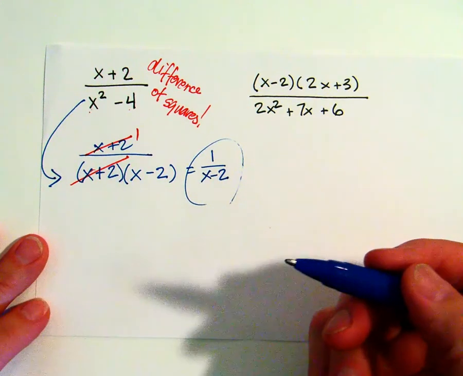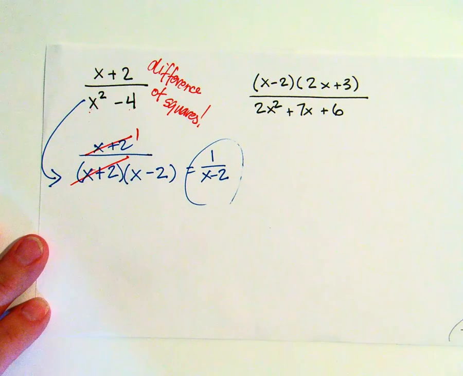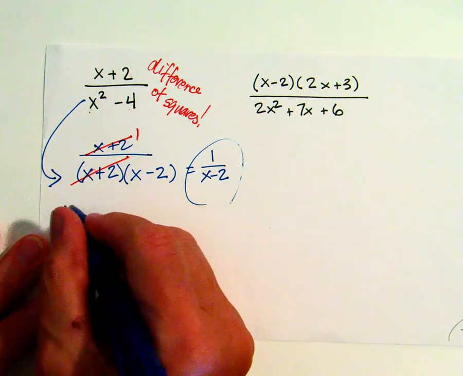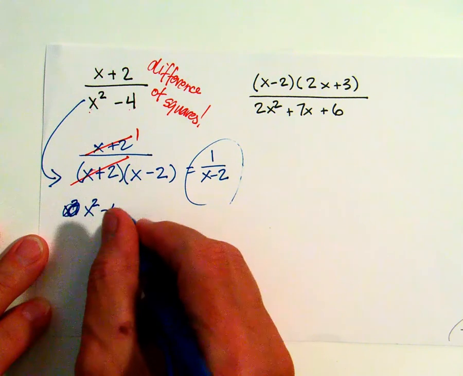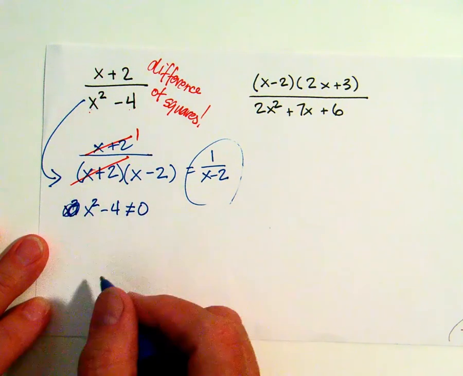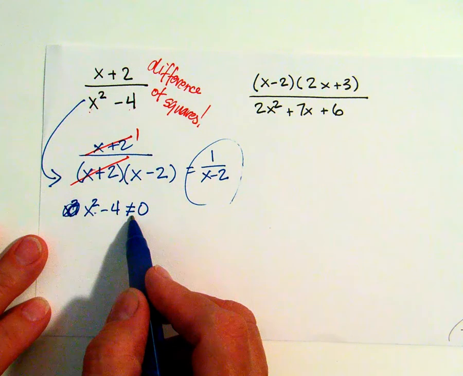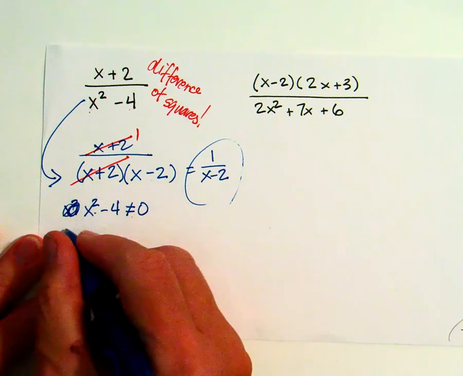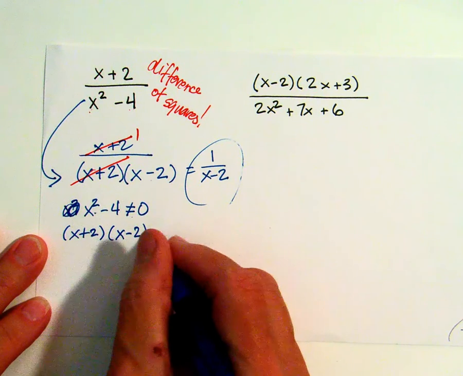I need to check back about what needs to be excluded. A reminder, the entire denominator, x squared minus 4, cannot equal 0. That's a quadratic, so I have to factor it to be able to figure it out. Oh, wait, I've already factored it, so I'll just copy it down. It's the difference of squares. They're so easy.